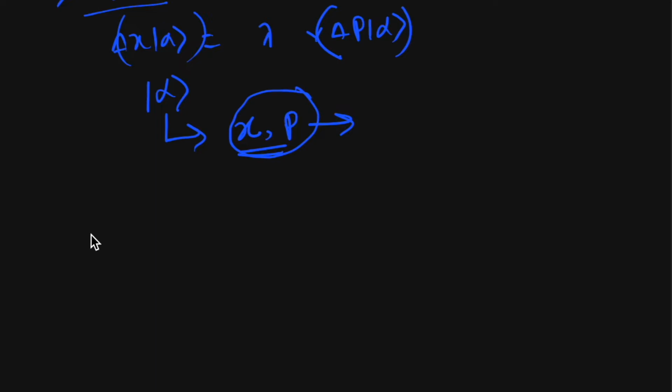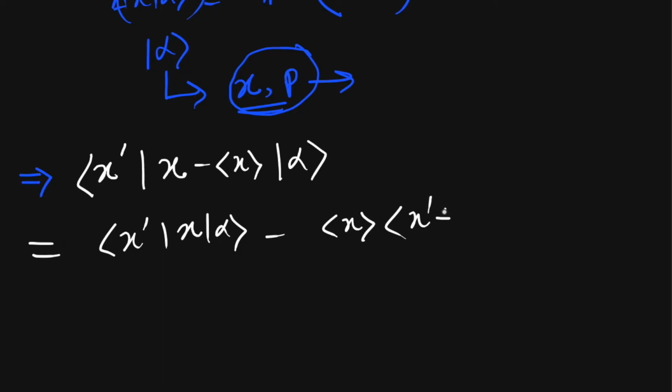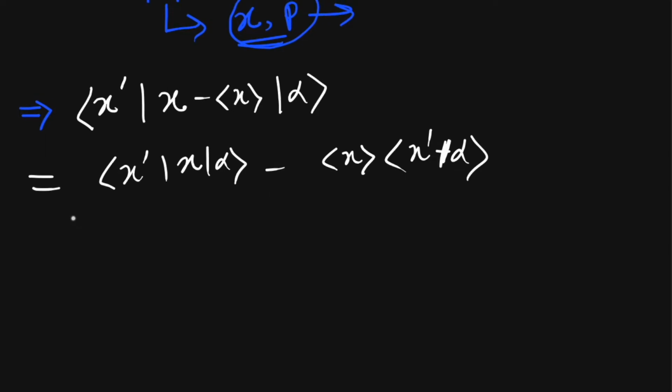So to do so, first write the first equation, which is x prime delta x, meaning x minus average of x, that is expectation value of x, alpha. Which is x prime x alpha minus x prime alpha.